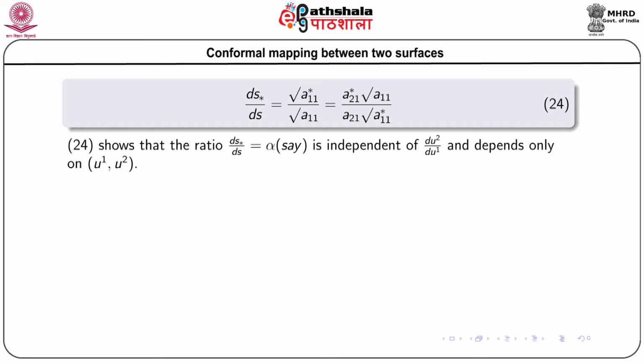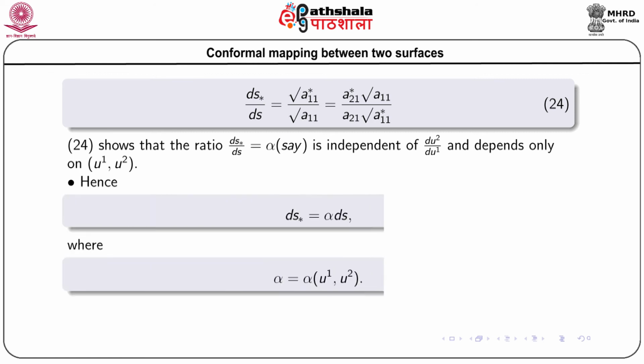Now, from 24 we can see that ds star by ds equals alpha, and it is independent of du2, du1 and depends only on the point u1, u2. So, we can write ds star equals alpha ds, where alpha is a function of u1, u2.